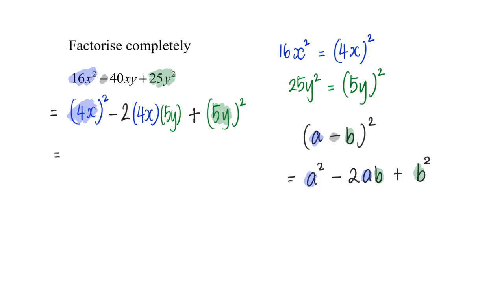Now my a is 4x, my b is 5y, and I have successfully factorized this expression using observation and the special product of a minus b bracket square. Alright, let's move on to the next question.